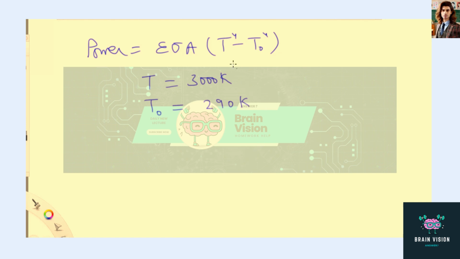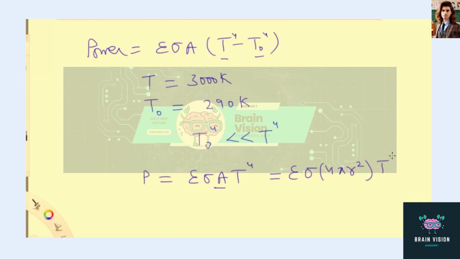And obviously when we take the fourth power of these temperatures, T naught power 4 becomes negligibly small as compared with T raised to the power 4. So we can use P is equal to epsilon into sigma into A into T raised to the power 4. For the area of the sphere, it becomes 4 pi r square into T raised to the power 4.